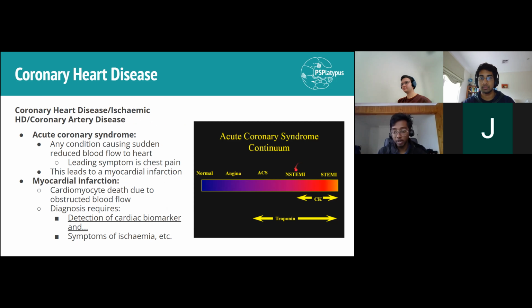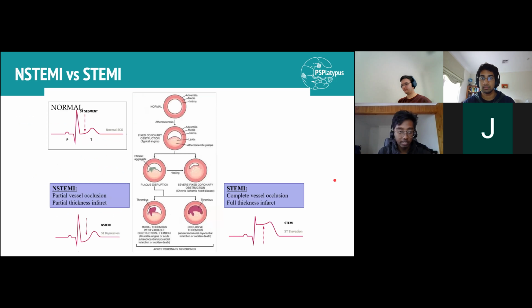At the ends of this spectrum or continuum is what the NSTEMI or STEMI is, and it stands for an ST elevated myocardial infarction or a non-ST elevated myocardial infarction. In an ECG, you'll have this pretty iconic waveform, the QRS complex with a P and a T at the end.